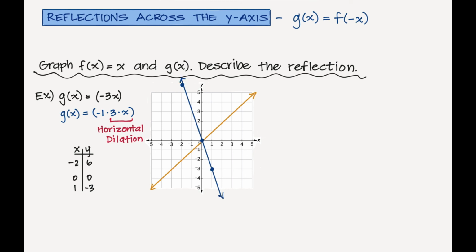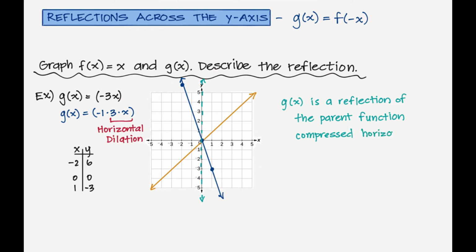So again, it is going in the opposite direction, and this was reflected across the y-axis, and that horizontal dilation compressed it horizontally. So I'm going to write down that g of x is a reflection of the parent linear function, just like we wrote before, and it is also compressed horizontally, this time across the y-axis.